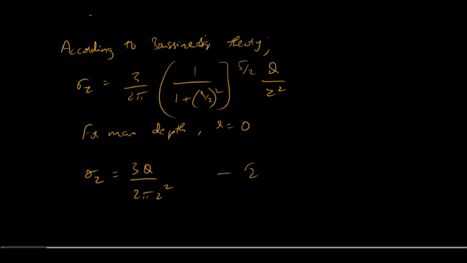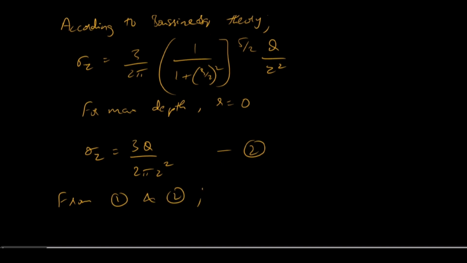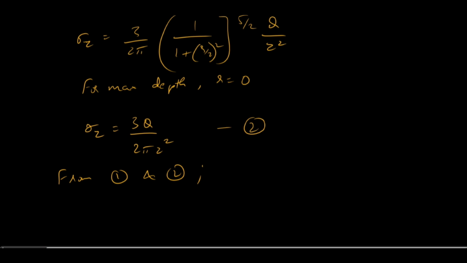Keep this as equation 2. So from 1 and 2, 0.1 into 1000 by 4 equal to 3 into 1000 divided by 2 pi into z square. 1000 gets cancelled.